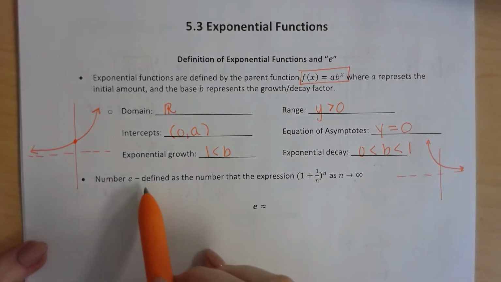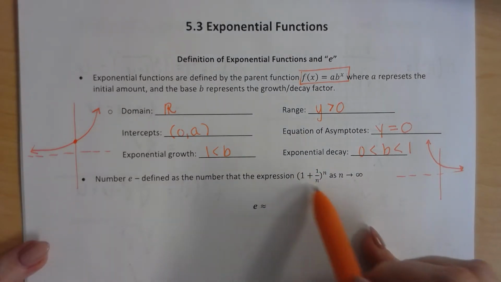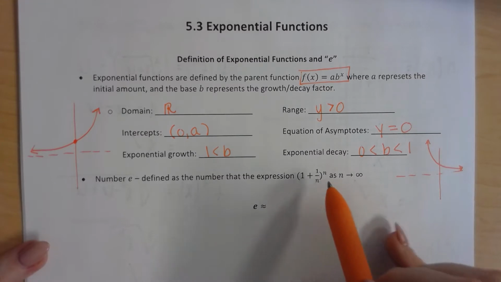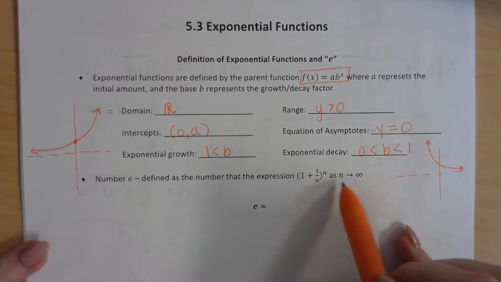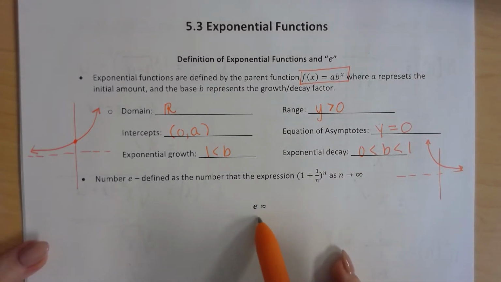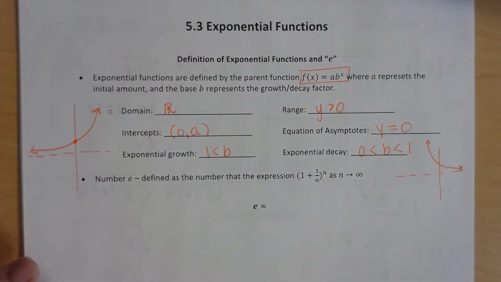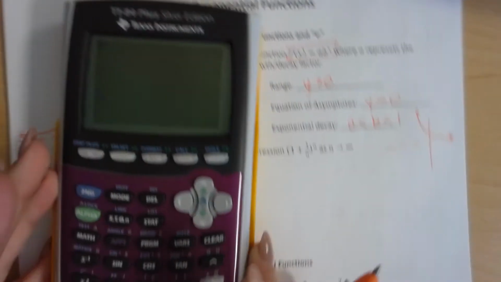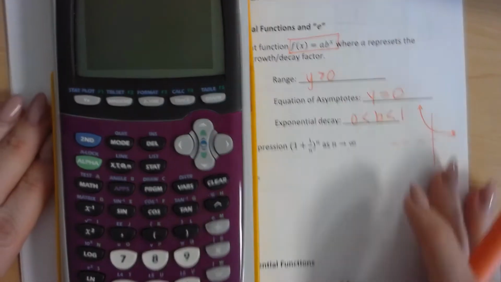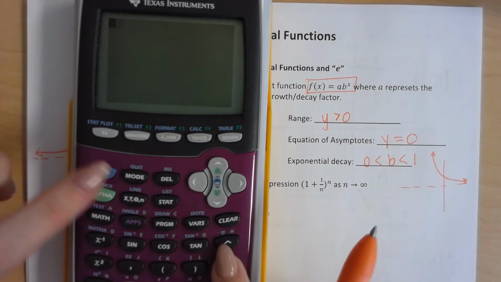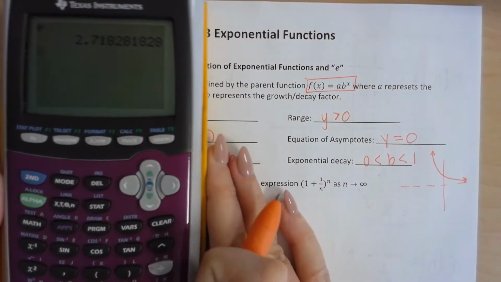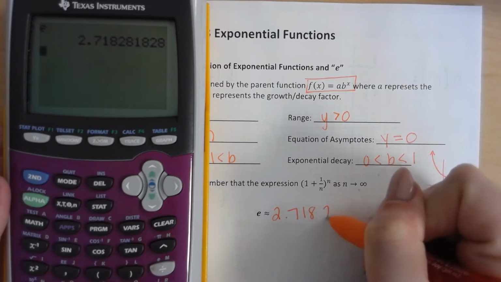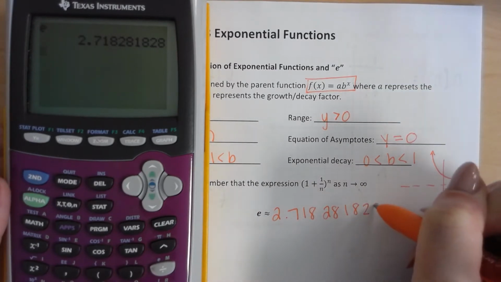Okay, the number e is defined as an expression, this, as n goes to infinity. So if I make n bigger and bigger and bigger, we get closer and closer to this number e, which, if we plug e in our calculators, it's right above the division sign. e is approximately 2.718281828 dot dot dot.